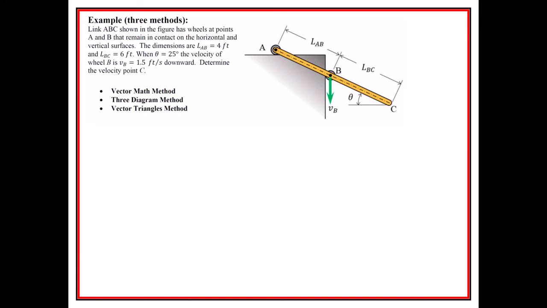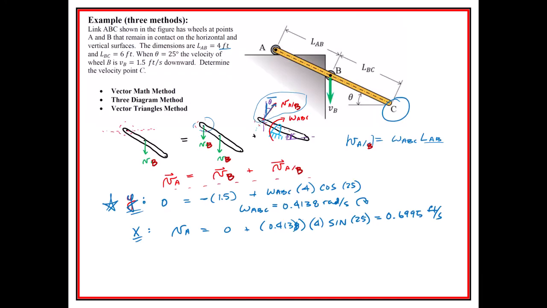It's really good in the vector triangle method to also use the 3 diagrams. So I'm going to repeat that up here onto this, and I think I'm out of new colors, so I guess I'll go purple. And this equation right up here could be represented by looking at this point right here.